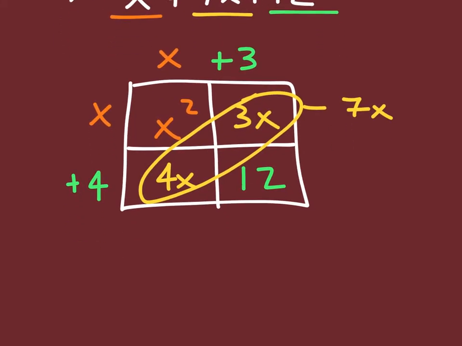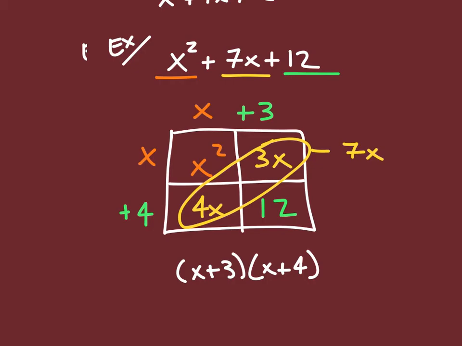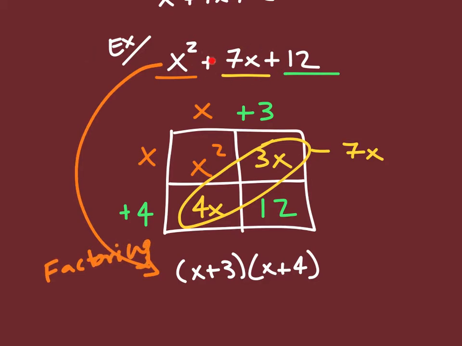So my final answer is going to be x plus 3 times x plus 4. You can verify that this works by using the box method. And again, going from one step to the next, you're going from here to here. This is the concept of factoring. That's our goal, to write a polynomial as its binomial factors.